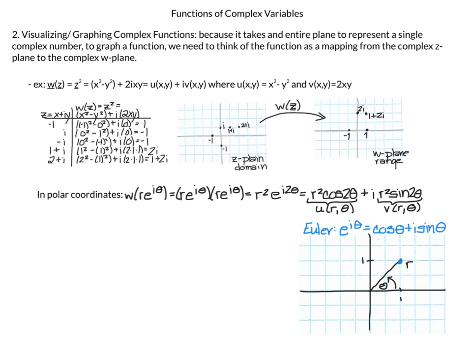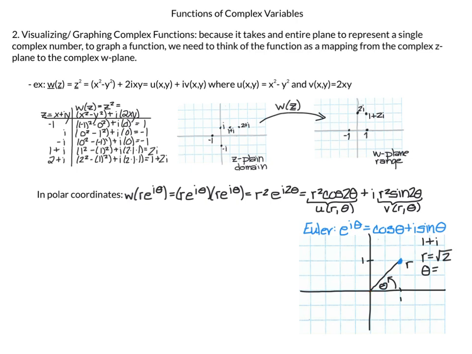I want to continue with this example here to show you what this mapping looks like. So let's just take this one point here as our example. The point I have here, which is 1, 1. So for 1, 1, or 1 plus I, our r is the square root of x squared plus y squared, which is square root of 1 plus 1, which is square root of 2. And now our theta, I can use the tangent formula, but I also know that the whole entire circle is 2 pi, so half a circle is pi, which means a quarter of a circle is pi over 2, which means this, because it's 1, 1, is half of pi over 2.